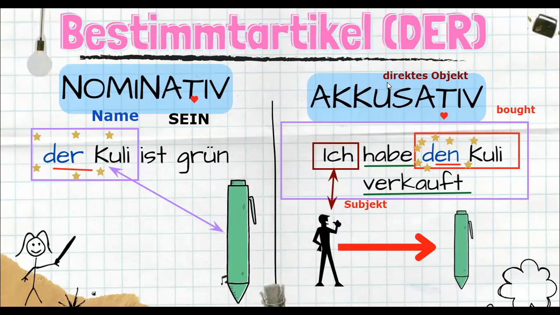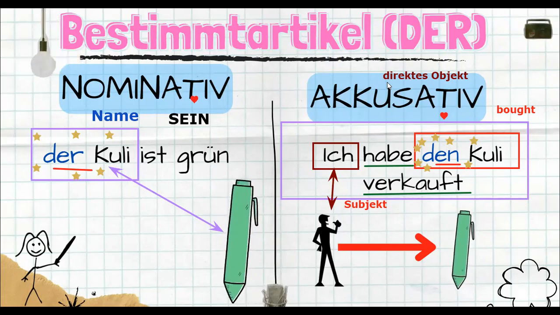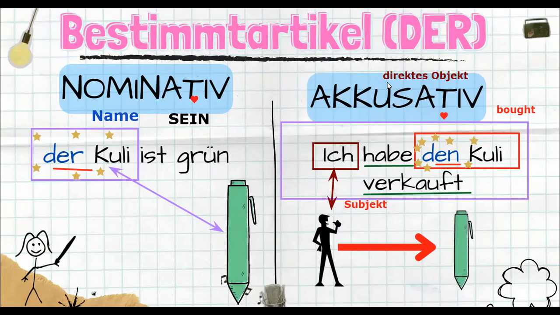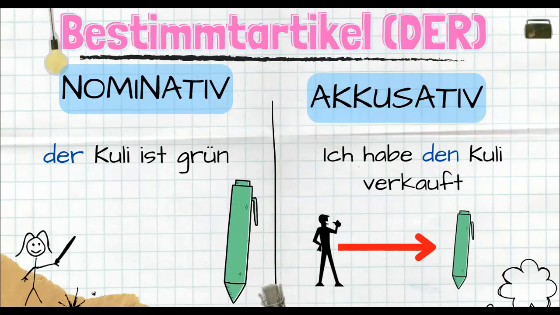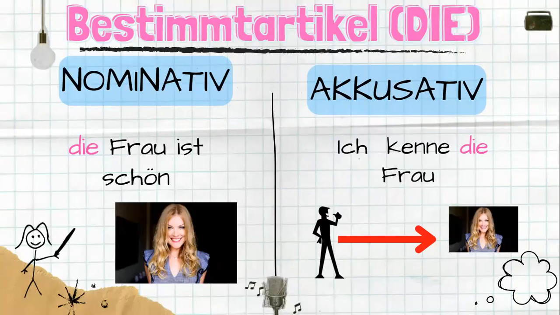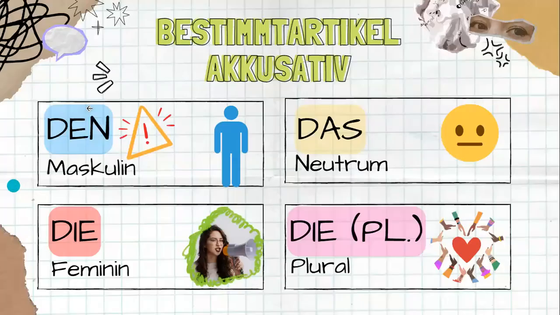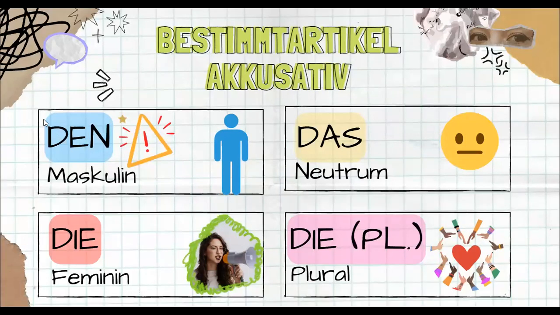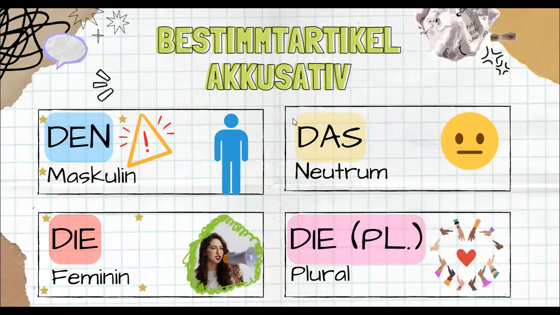Very good. So let's see a feminine example now. I'm going to delete everything. So here we go. Feminine, nominative die, accusative die. Let me show you the chart so you'll remember. Visually, the only difference is going to be masculine, because the other articles stay the same.